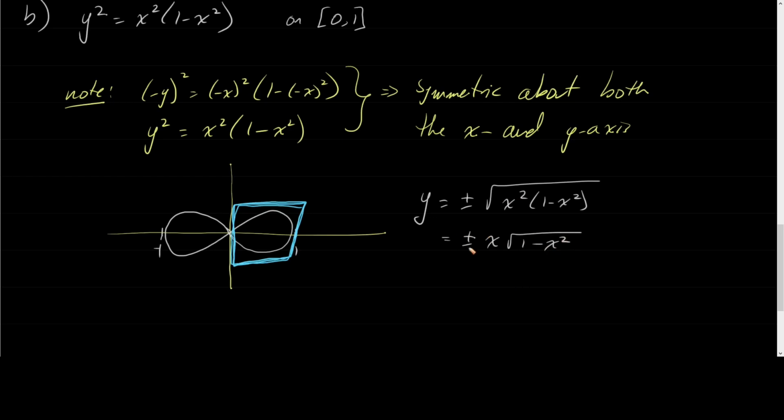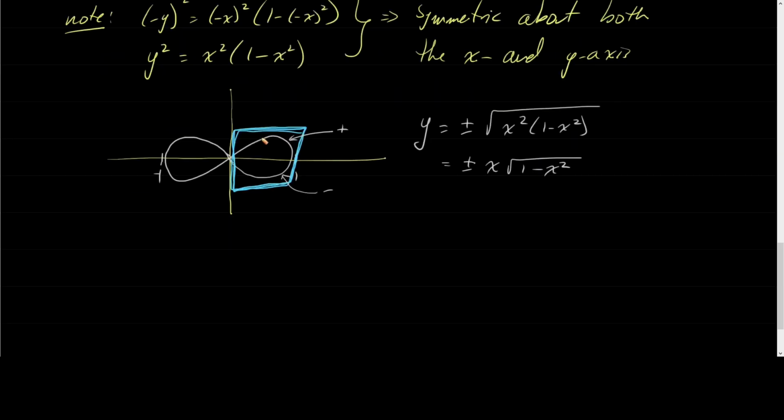In here, we have a positive and a negative version. This top piece above the x-axis is the positive version. This bottom piece below the x-axis is the negative version. To figure out this entire area, this area 1 is the same thing as area 2.